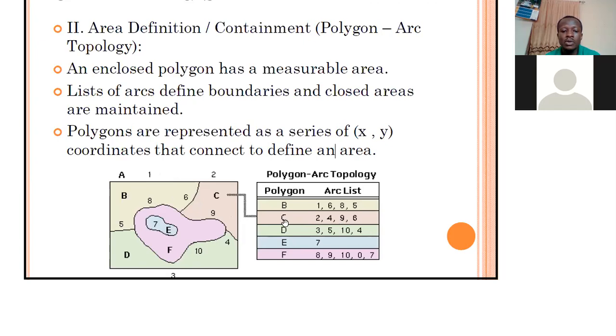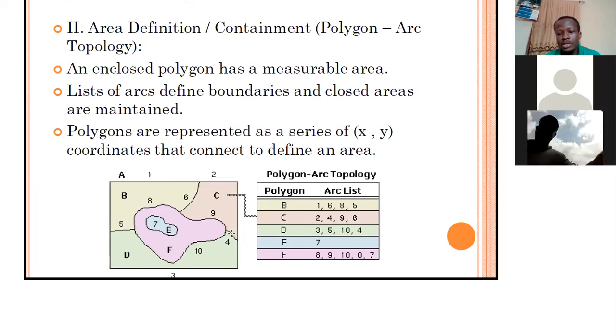Polygon C is made up of arcs 2, 9, and 6, and then 4. So we shouldn't forget about this one: arcs 4, 9, 6, 2.